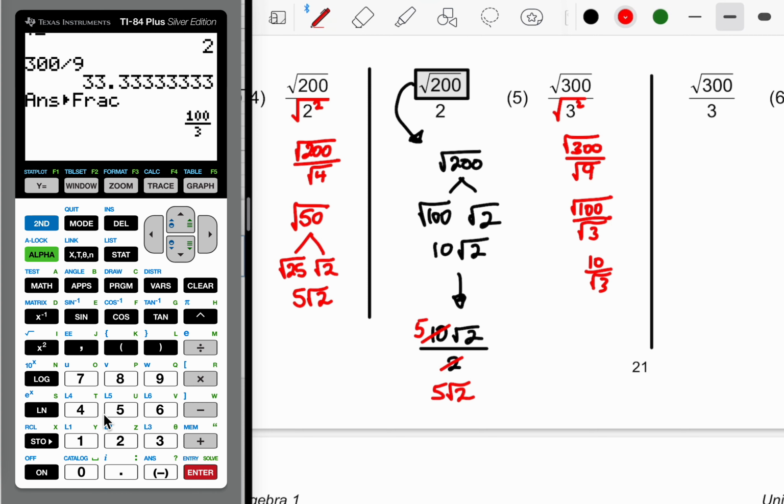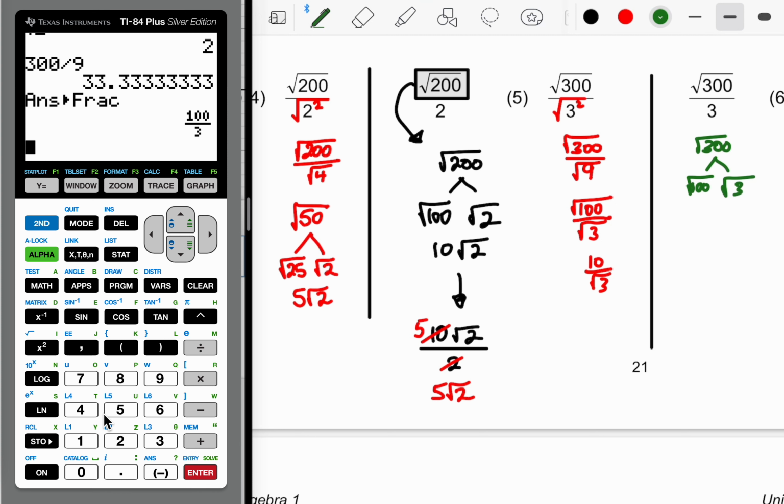If we go the other way, I would take that radical 300 and break it down into its factors. Multiples of 100 are pretty easy because one of the factors is going to be 100. And then, what's the other one?